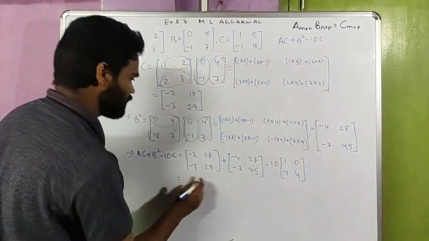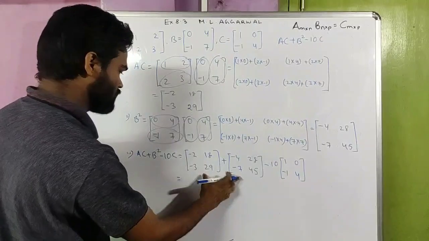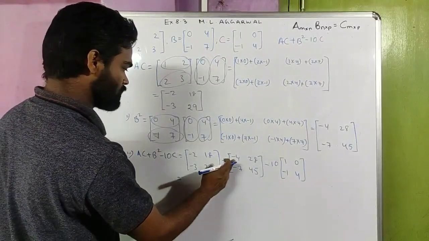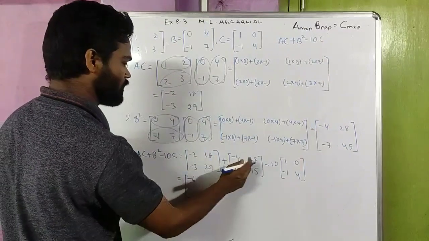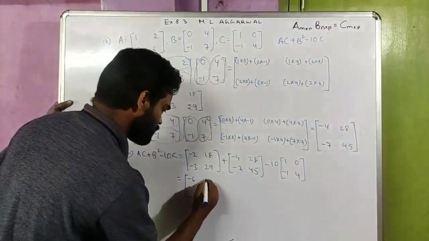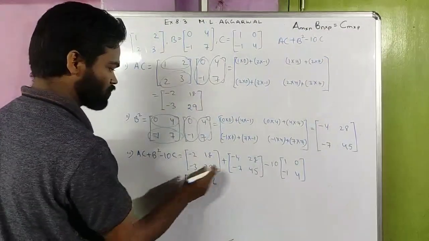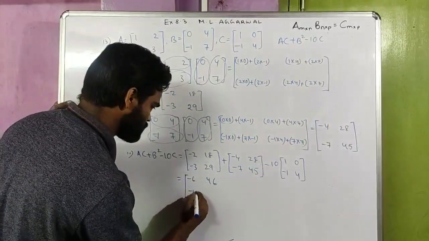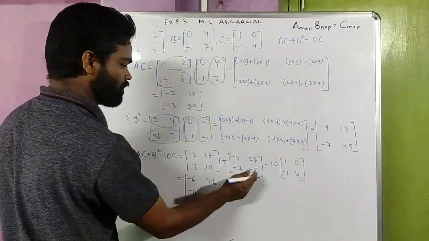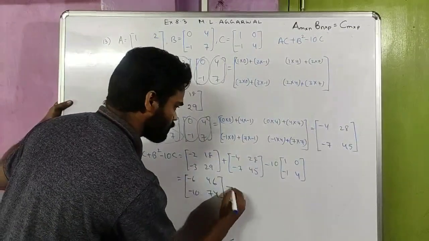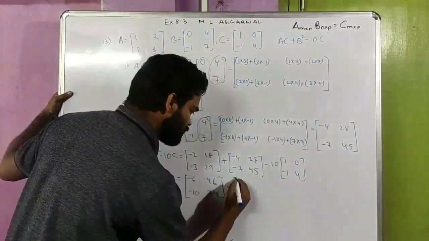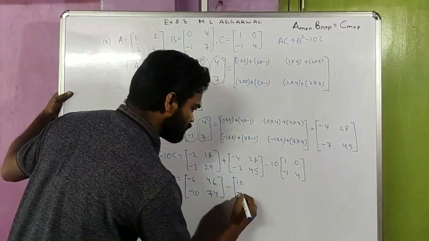Now we'll add these two. So minus 2 and minus 4 is minus 6. 18 plus 28, that's 46. Minus 3 plus minus 7, that's minus 10, and 29 plus 45, 74. Minus 10C, which means 10 gets multiplied by each and every element.